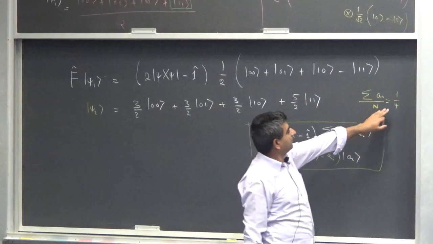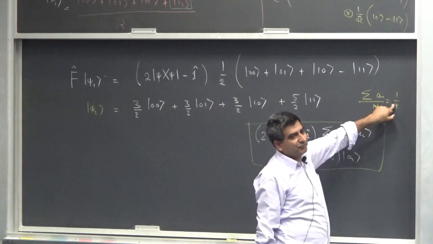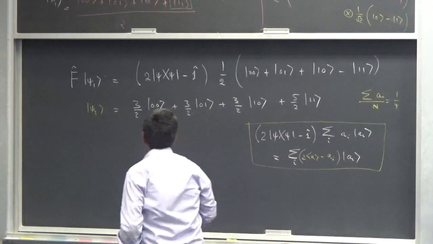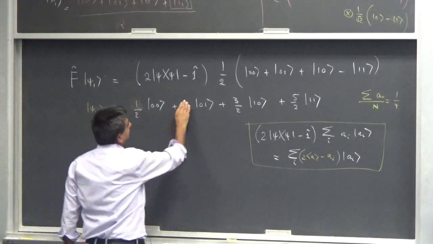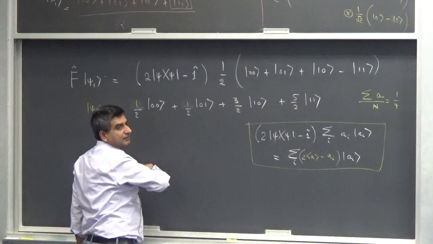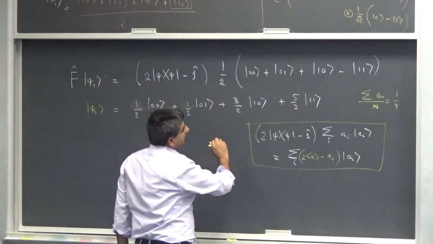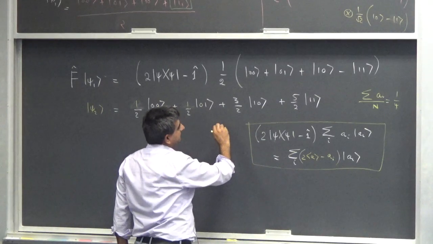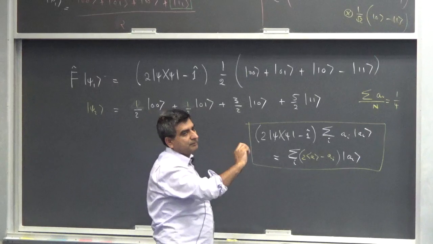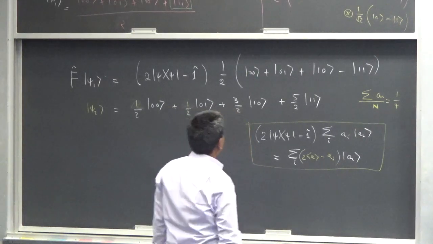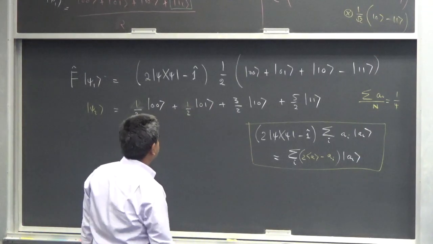You have to multiply this with 2 as well, so it becomes 1/2. You also have to subtract the a_i. Yes, 1/2 minus 1/2 is 0. Only the last one survives. In this particular case, only the last one survives.